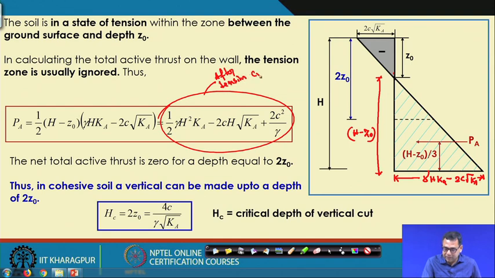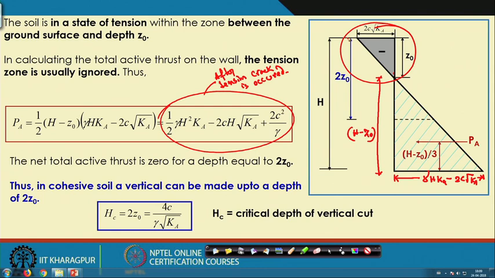So, this is after the tension crack occurred. These are the two different cases, but during the design or calculation of active earth pressure, we generally do not consider this negative part. If it is mentioned specifically that you calculate the force before the tension crack occurred, then only you consider this negative one.